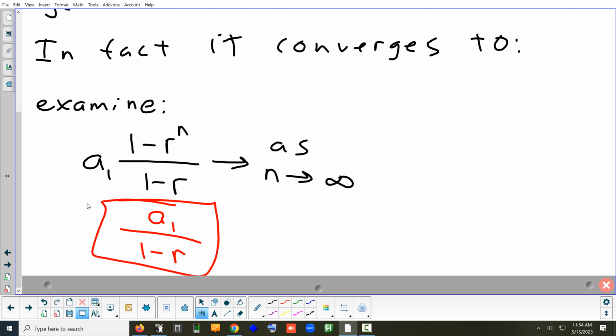So any question on that one? This is the sum of an infinite geometric series, and it is a simpler formula than the finite one. It has a lot less in it.